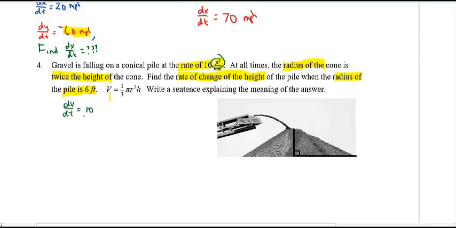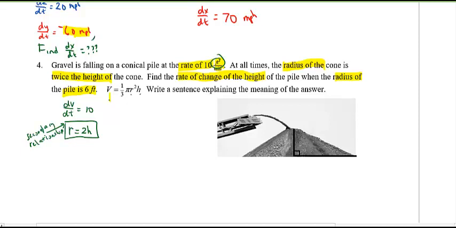It says at all times the radius of the cone is twice the height. So the radius r is always twice the height: r equals 2h. This is interesting. This is like that secondary relationship. That will help us perhaps eliminate all these extra variables.